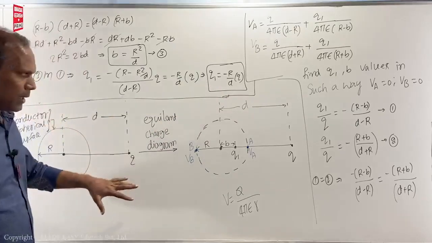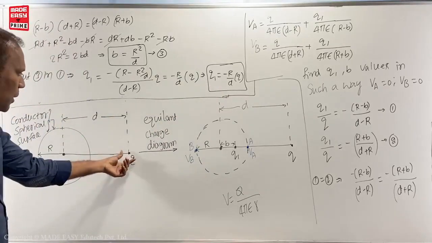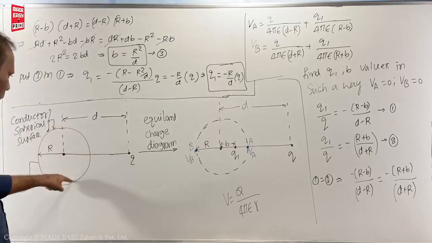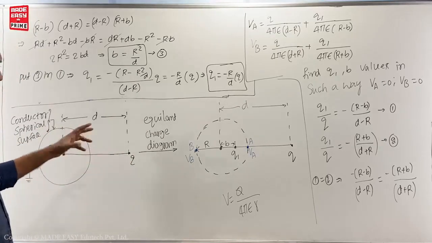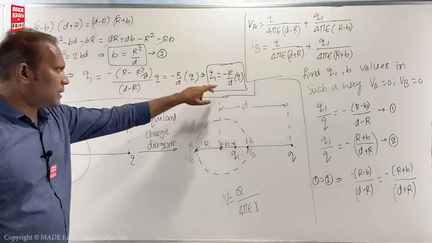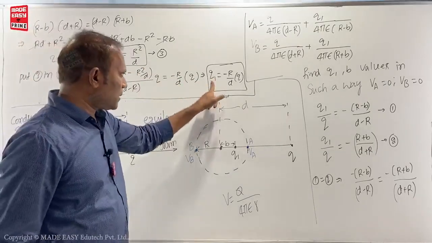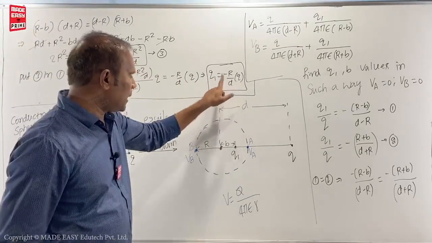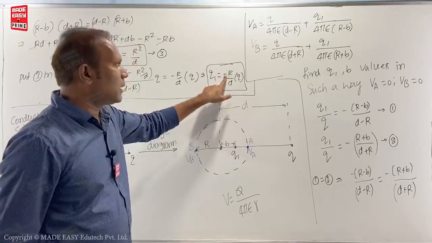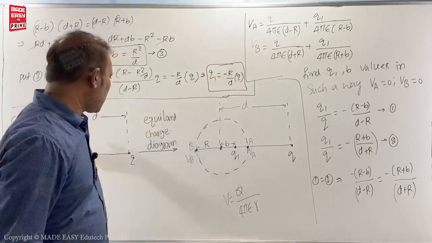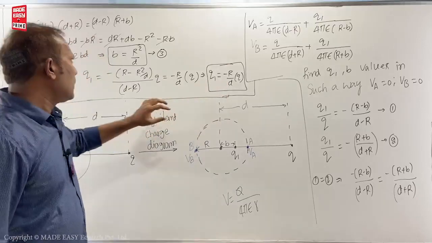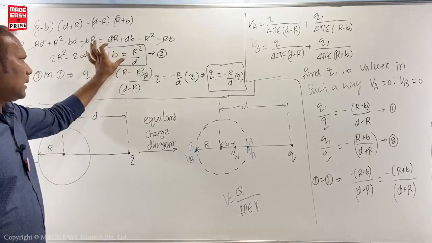This is a standard question. Anywhere a q charge is near the sphere of radius r, the image charge value equation is this one. Because if the charge is positive, the image charge is opposite of that one. Then capital R, that is the radius of the sphere, divided by d. Then this is r square by d.